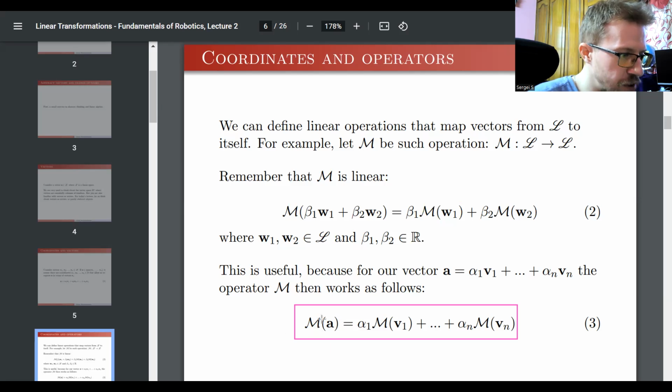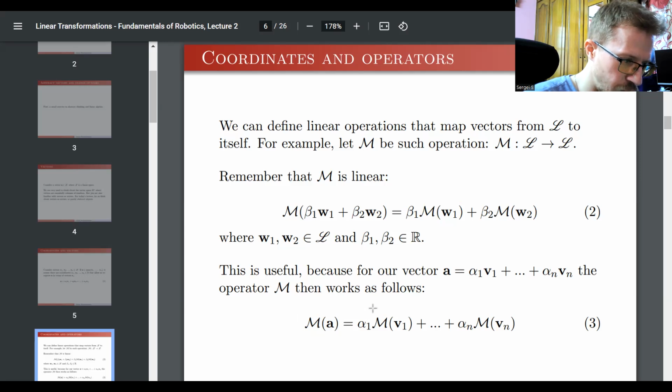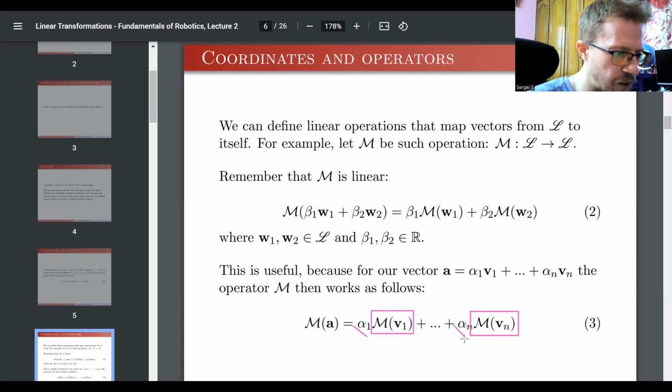So the operation on A becomes an operation on v1, v2, vn, scaled by alpha 1, alpha 2, alpha n. You got my idea?